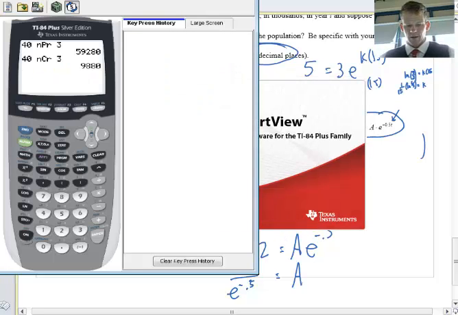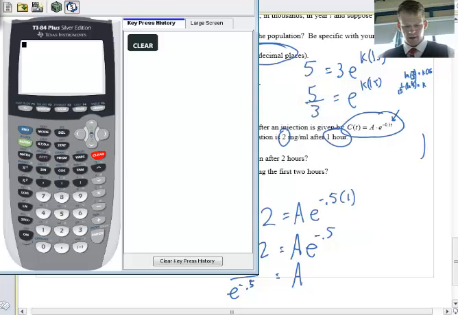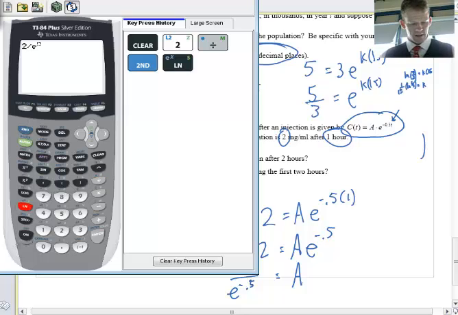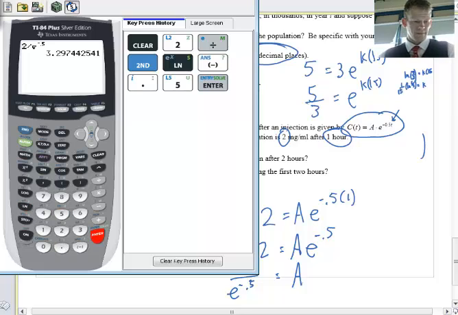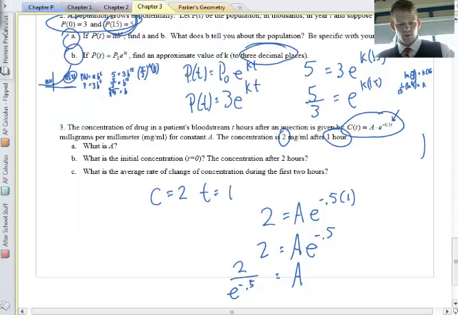Oh, here we go, calculator's up. So 2 divided by e to the negative 0.5. Let's see what we get. And it says our concentration was 3.297. So I'm going to write down A was equal to 3.297.